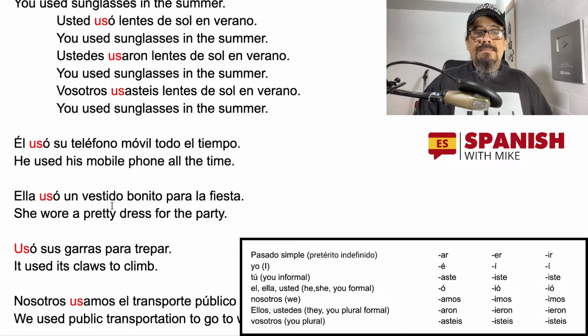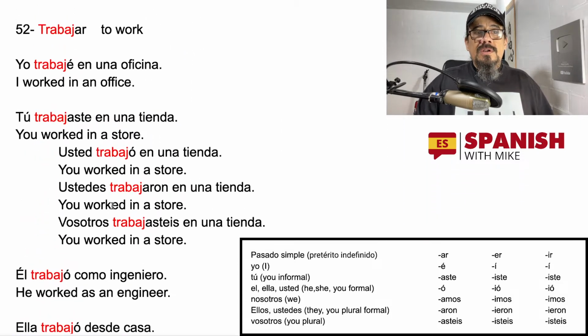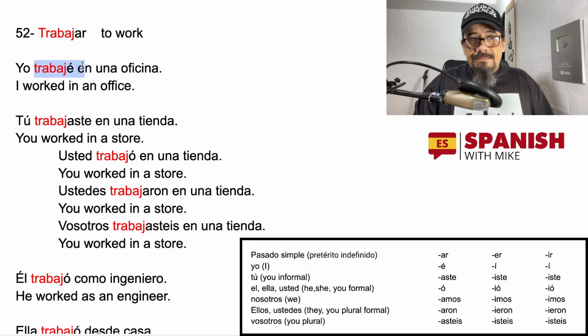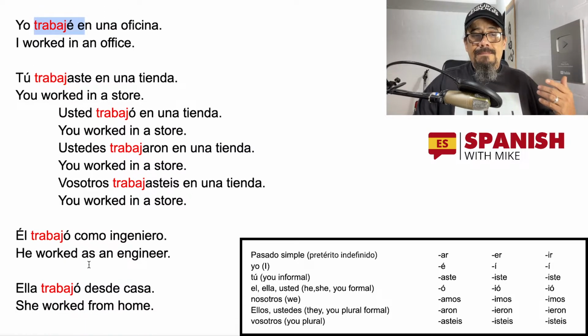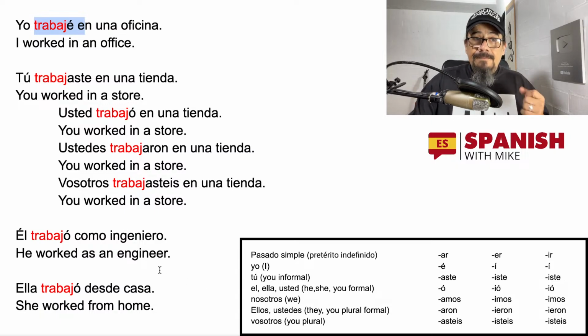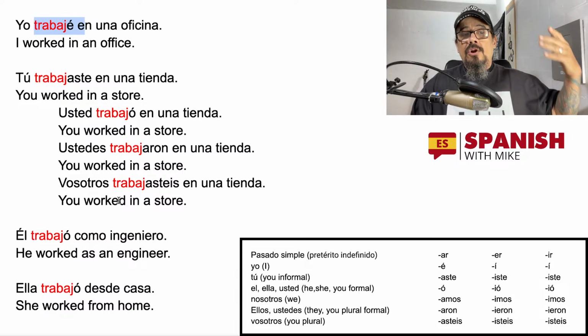Why is it so important? Because in Spanish, the conjugation of the verb changes depending on the subject. As you can see, we have different conjugations depending on the subject. But if we know that it's a regular verb, we learn the conjugation rules and we learn how to conjugate the verbs.